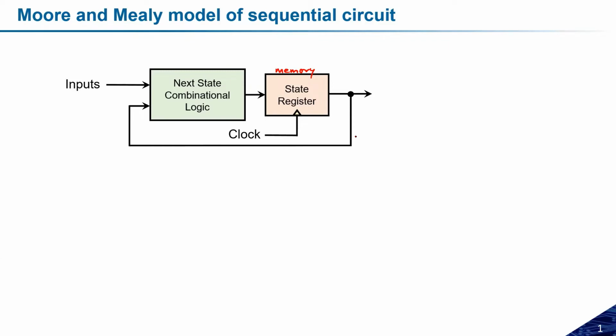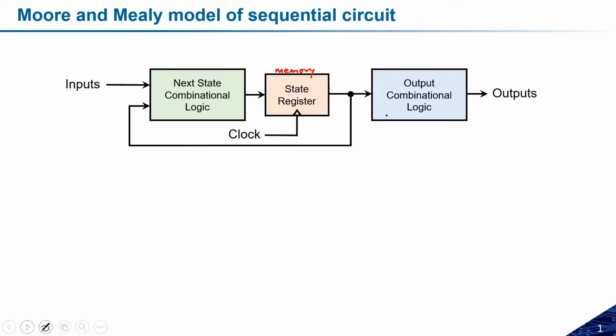If I want to differentiate between the Moore and the Mealy model, I must have one more combinational logic circuit, and how this combinational logic circuit is connected with the sequential logic and with the input decides whether I consider it a Moore or a Mealy model.